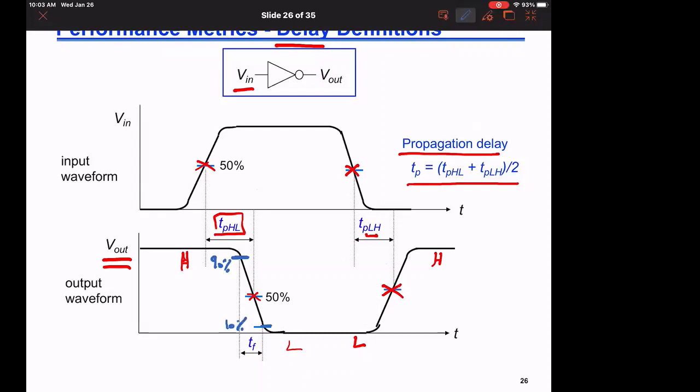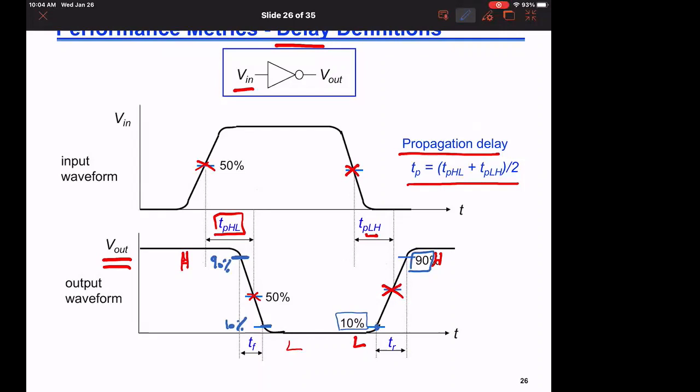And the rise time is the time it takes the output to rise from 10% VDD to 90% VDD. Okay, so these are three definitions that we care for: the delay at 50%, with the rise and the fall time.